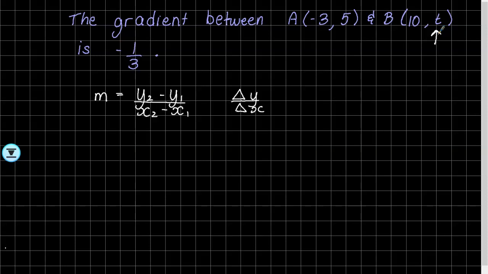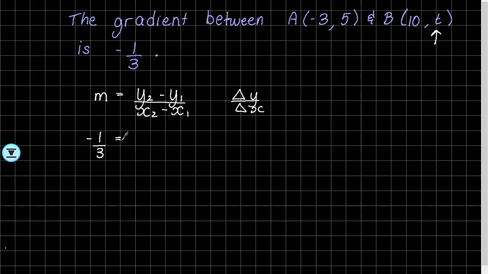Okay, here we go. Got formula, got information. We're going to sub. So underneath the slope, again, keep everything underneath. So -1 over 3 equals. We're going to go y2 take y1.